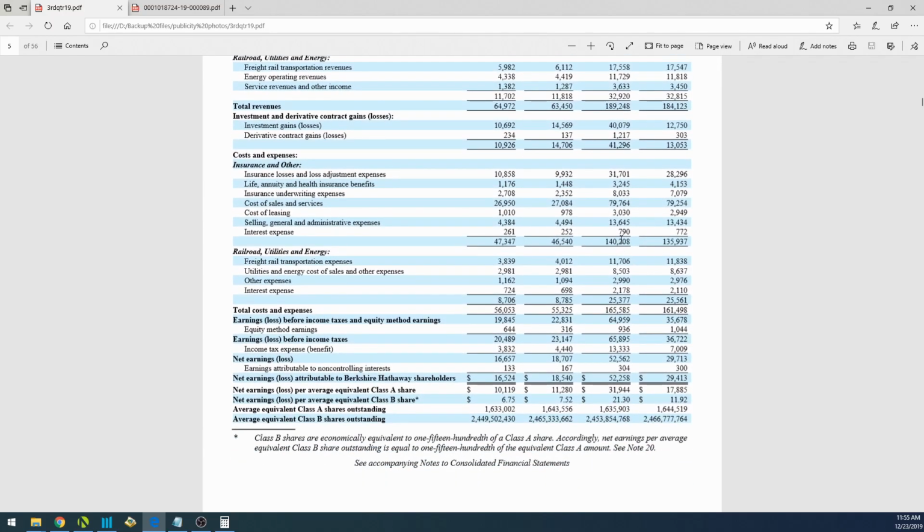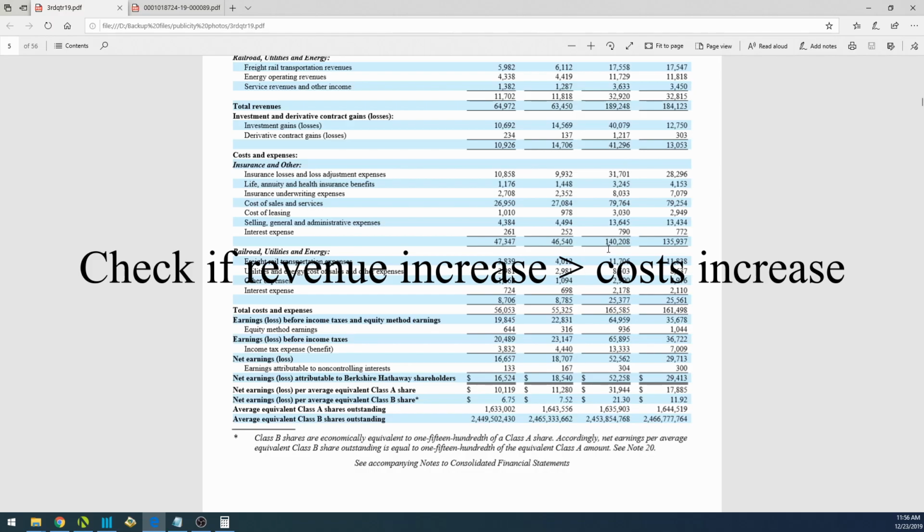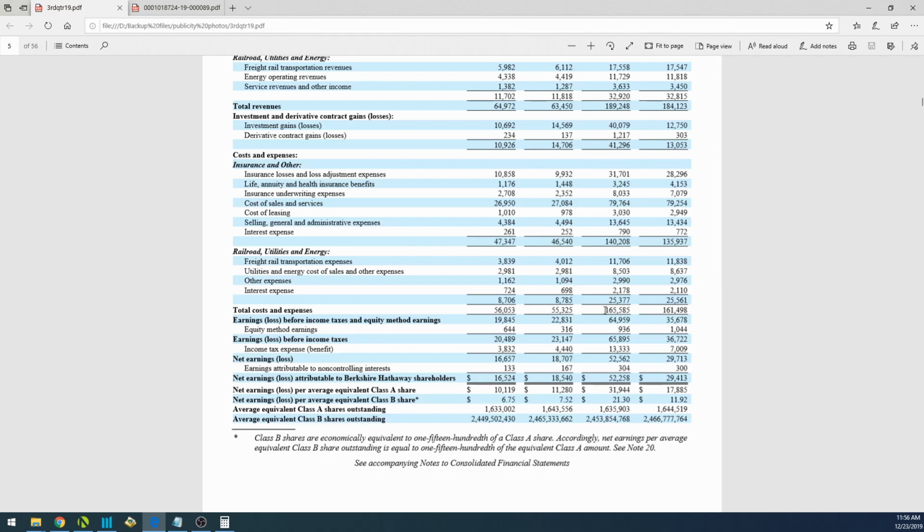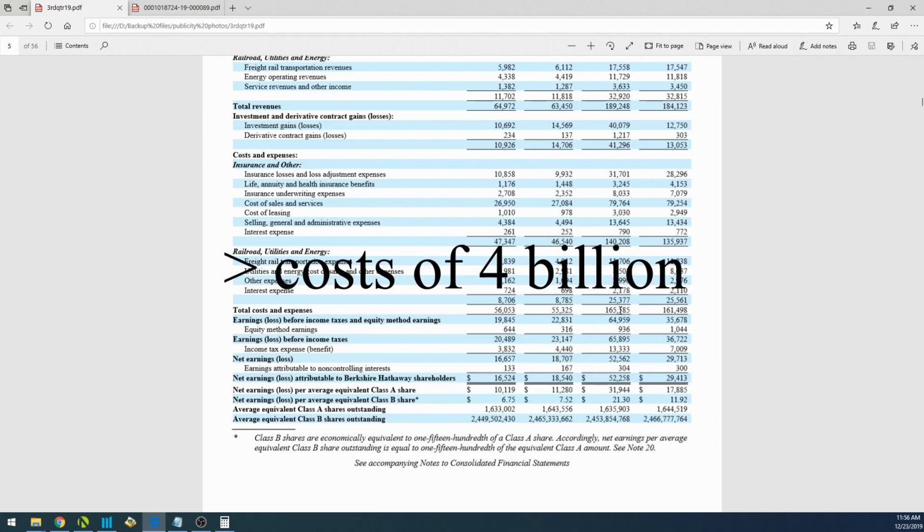Then let's look at the costs. We've got to see if the increase in revenue comes at the price of an increase in costs. For 2019, there's a total cost of 165 billion compared with 161 billion in 2018. So there's a rise in cost of about $4 billion. Not too great, obviously.